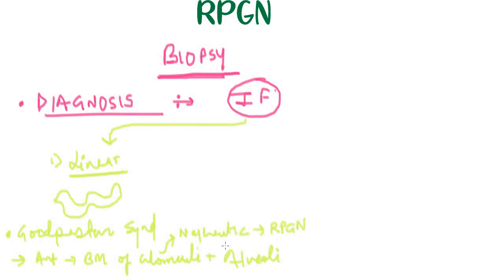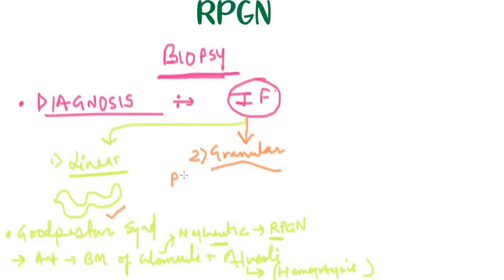Due to antibodies against the basement membrane in the alveoli, there is hemoptysis, which means blood in the cough. So if you get linear immunofluorescence, the cause of RPGN is Goodpasture's syndrome.